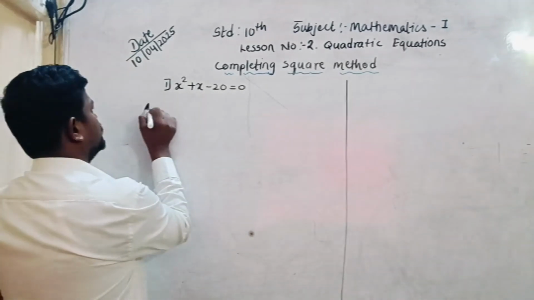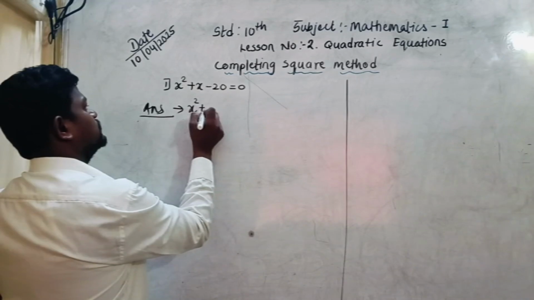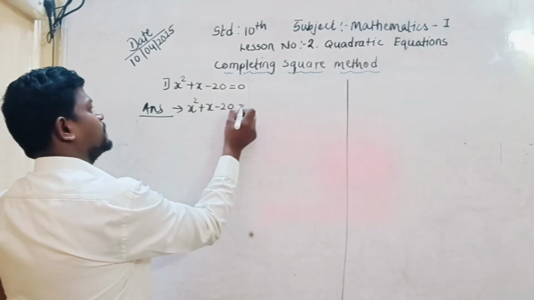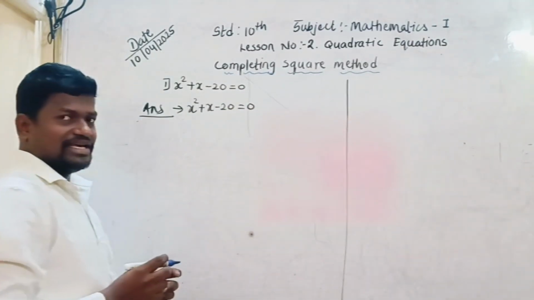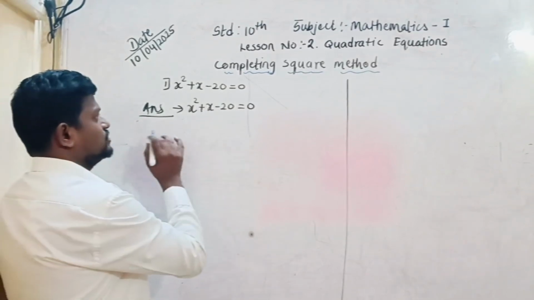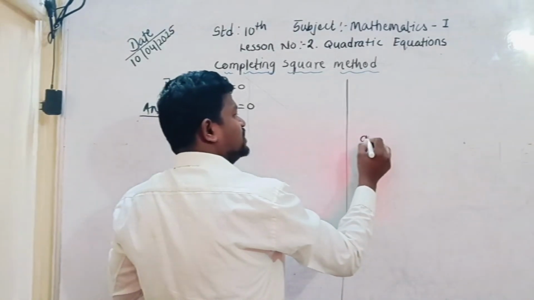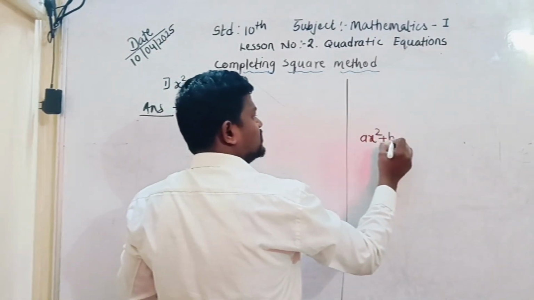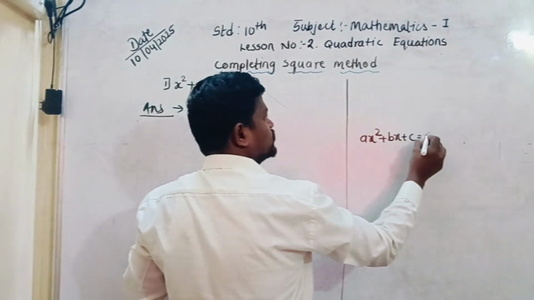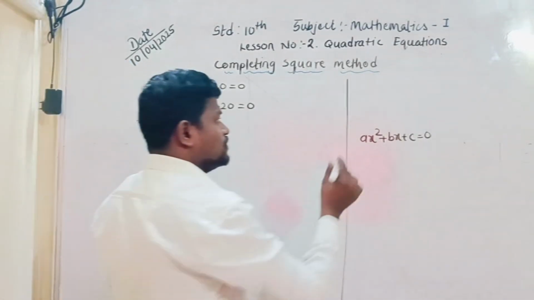See, first of all we have to write down the question x square plus x minus 20 equal to 0. Our standard form is ax square plus bx plus c equal to 0. So what we have to do?